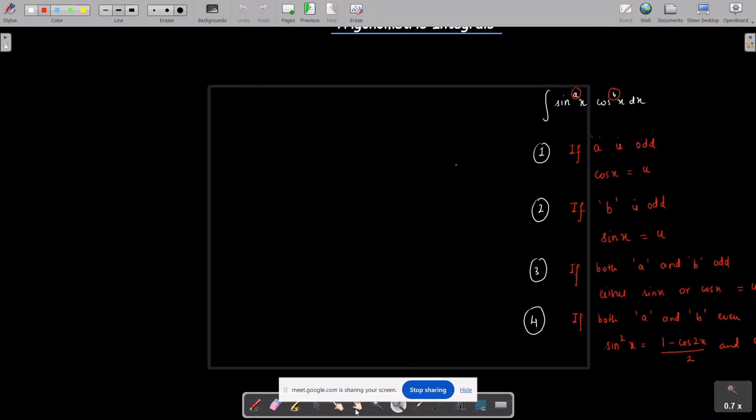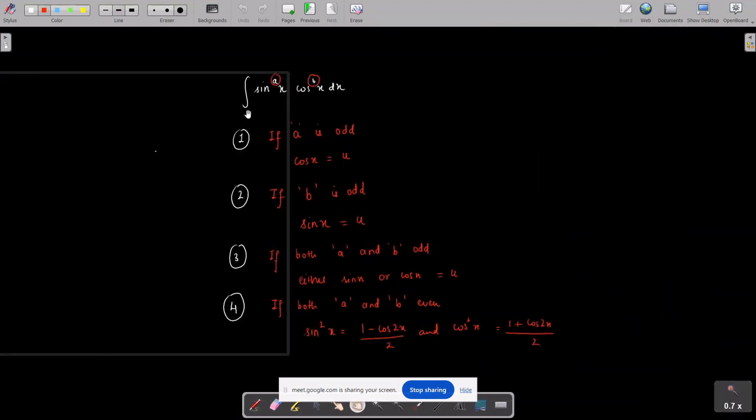So when we have sine of x multiplied by cosine of x and they are both raised to some exponent, then we look at the nature of those exponents. If the exponent of sine is odd, then we make the substitution cosine of x equals u, and vice versa.